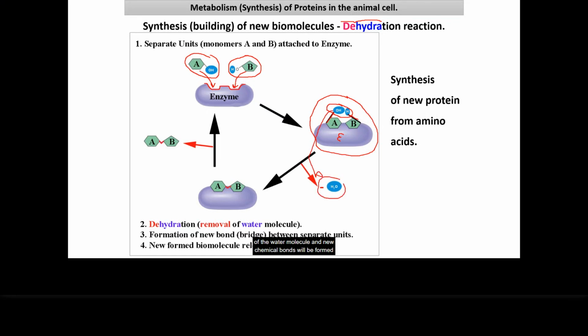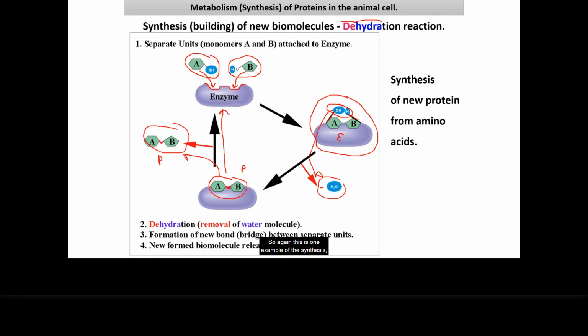And new chemical bonds will be formed between these two units, A and B. After this, this is what will form, our product, and it will be released. So this is our product, released. And the enzyme will be used again for the same kind of chemical reaction.